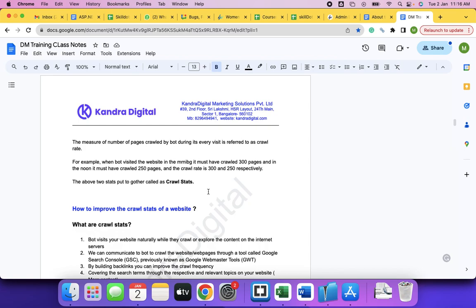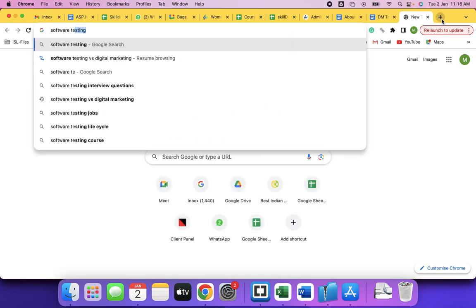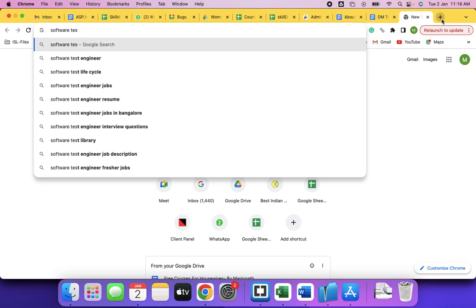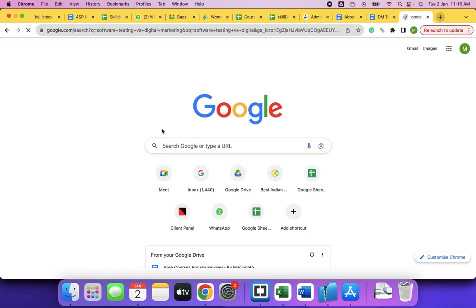Sir, what is impression and what is clicks? So impressions is the number of people seeing your website. So for example, I have searched software testing versus digital marketing.